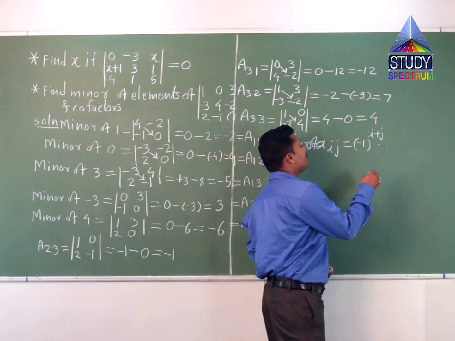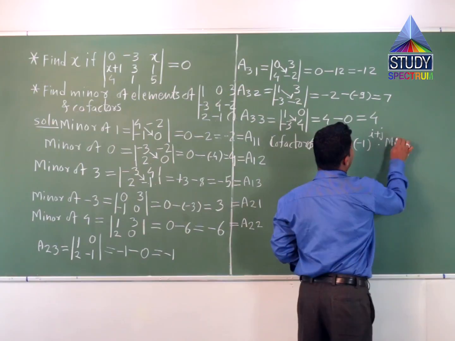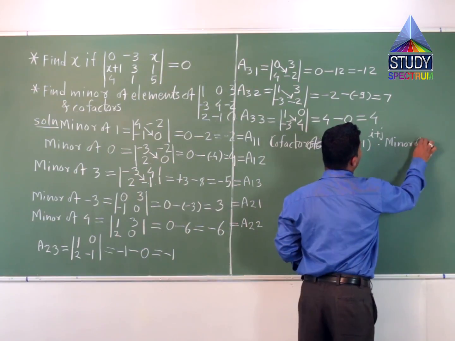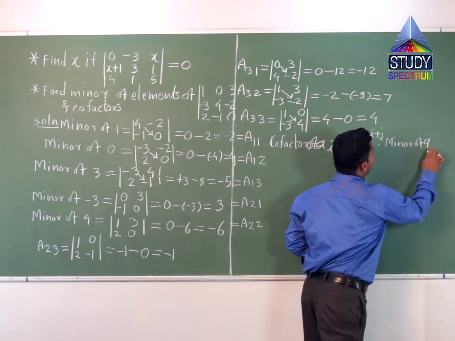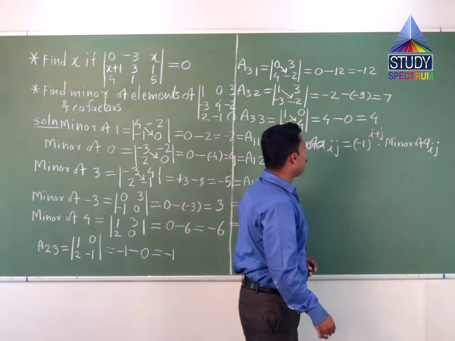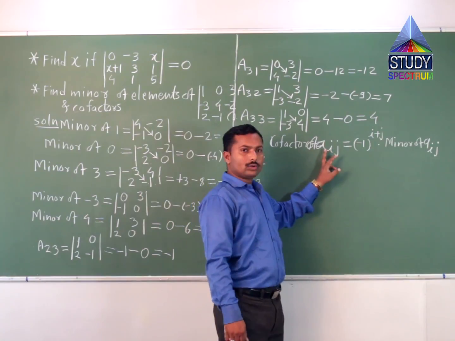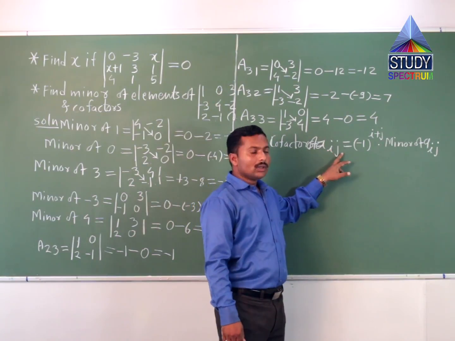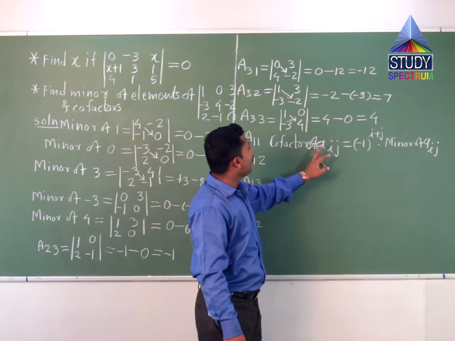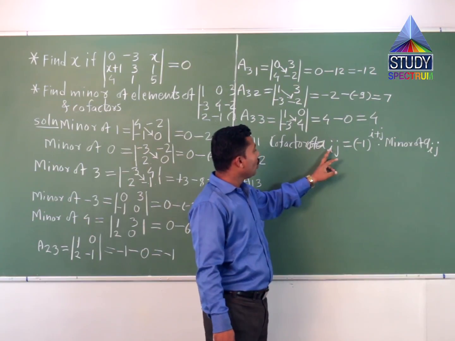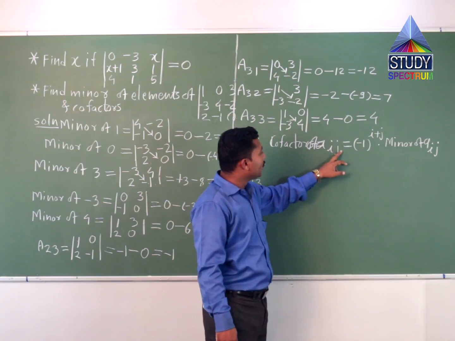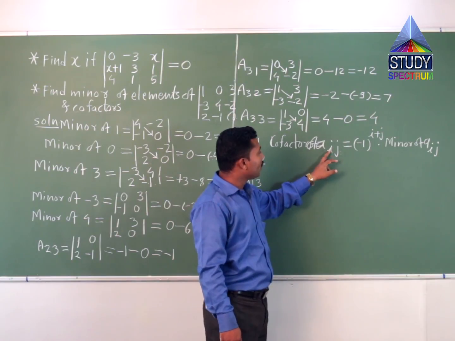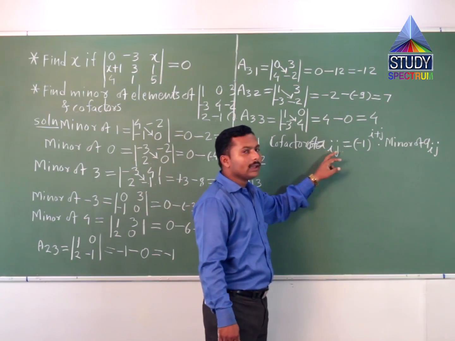So when you put the suffixes, we have A11, 12, 13, 21, 22, 23, and the last row 31, 32, 33.